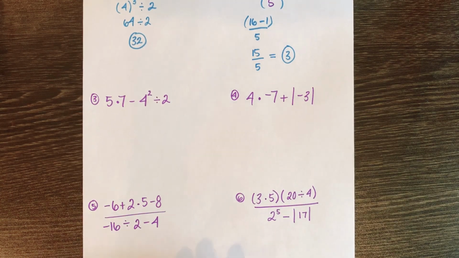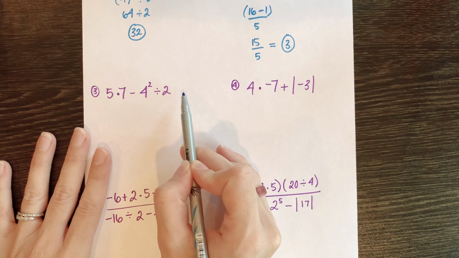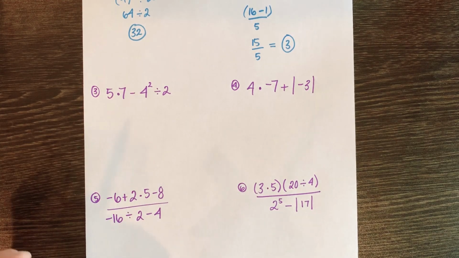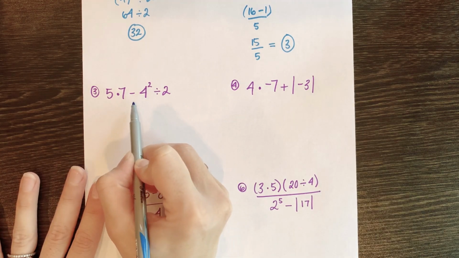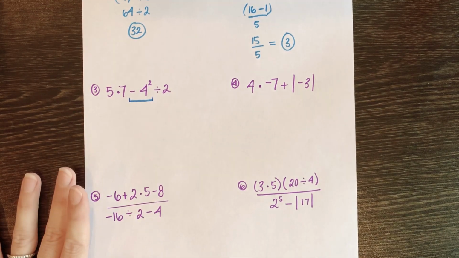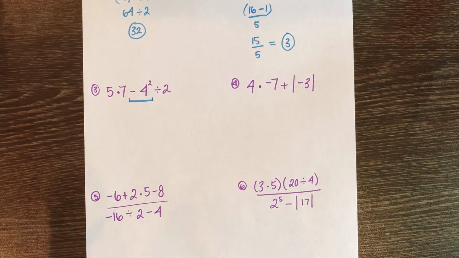So I'm going to go through the next couple a little faster for you. Scan through any grouping symbols, any parentheses, giant fraction bars, absolute value, square root. I don't see any of it. So I move on to E. Do I see exponents? Yes. This one's tricky, but that's not a negative 4 squared. It's the negative of 4 squared.